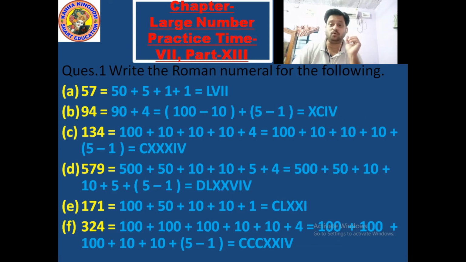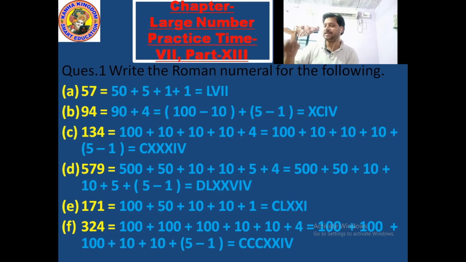Now 4. How can we write 4? Because the value of 5 is V, you just subtract 1 from 5. How? Again, you just put I before V. Means first make a bracket, then 100 minus 10, means first write X then C. Bracket close.